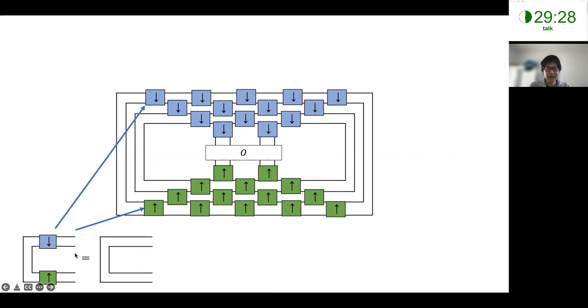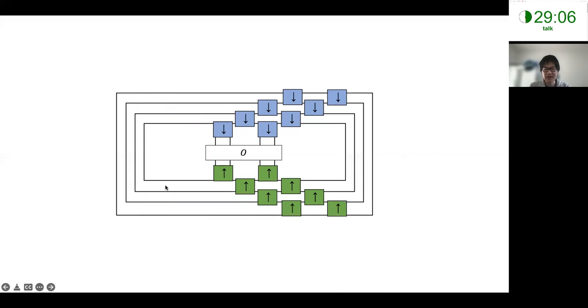And now, by using the definition of dual-unitary gate, that is unitarity in space direction or lateral direction, we can remove the upper unitary and bottom unitary. And by repeating this procedure, we can eliminate these unitaries.